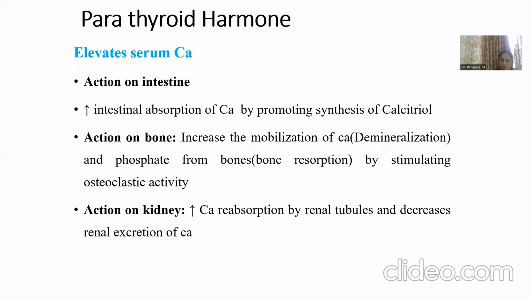Then action on bone: the role of PTH is to increase the plasma calcium level. How? It stimulates the osteoclasts. Osteoclasts help in demineralization, that means they increase the mobilization of calcium from the bone, that is bone resorption, and help to increase the serum calcium level.